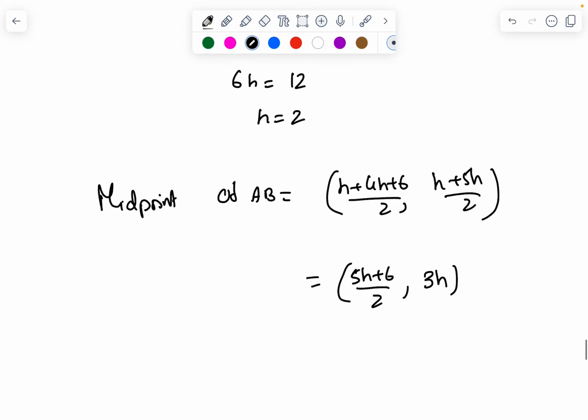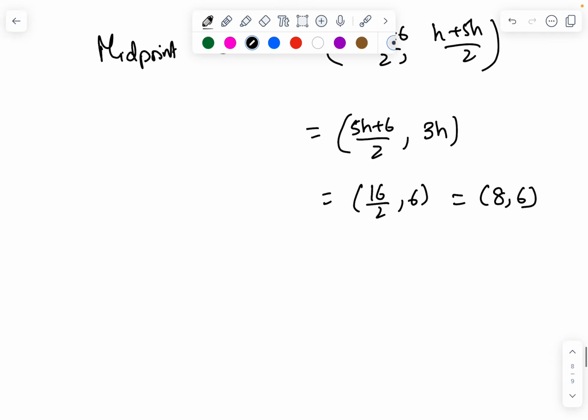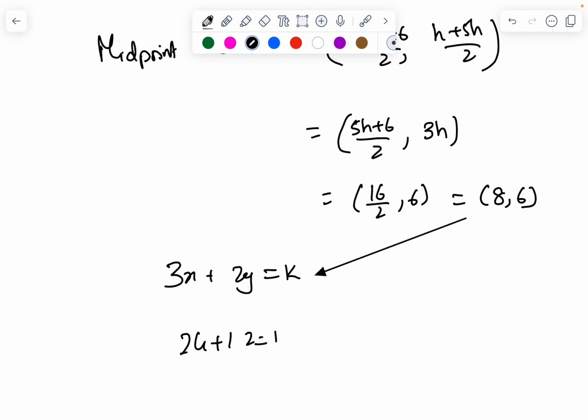But h was 2, so it becomes 16 by 2 comma 6, which is 8 comma 6. This is going to be the midpoint. But the midpoint lies on the line 3x plus 2y equals k. So plug in: 24 plus 12 should equal k. So k equals 36.